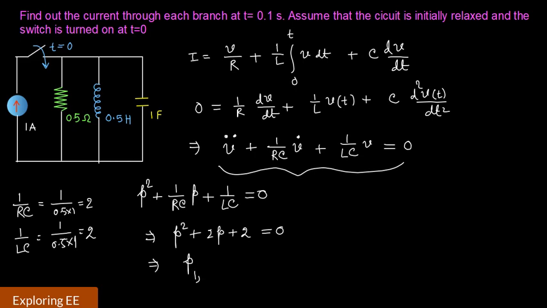So from that, p1, p2 can be written in this form: minus B plus minus under root B square minus 4AC by 2. So we get minus 1 plus minus j. So the roots are complex conjugate: p1, p2 equal to minus 1 plus minus j.